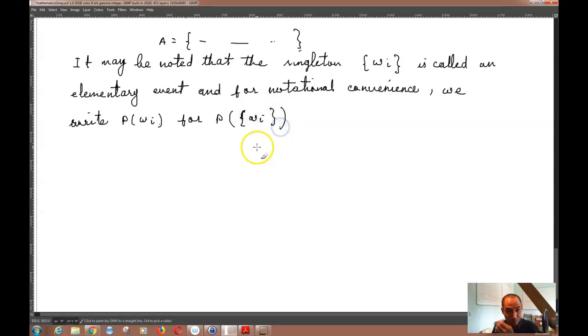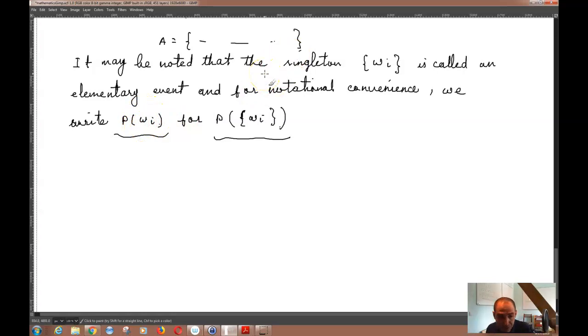Meaning that instead of writing P of {omega i} this way, you write it the other way, taking into consideration that {omega i} is a singleton.